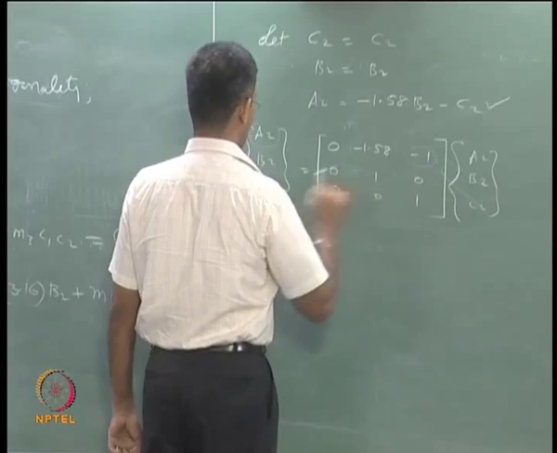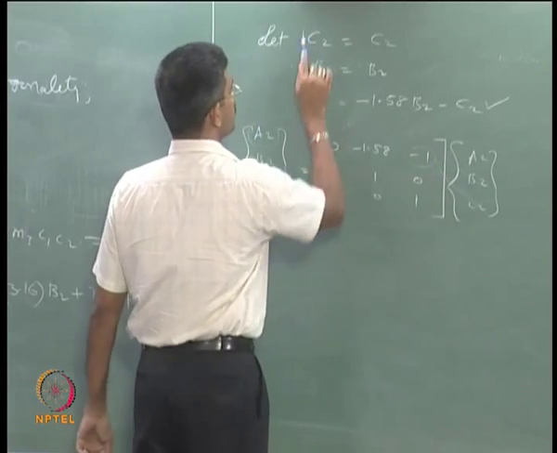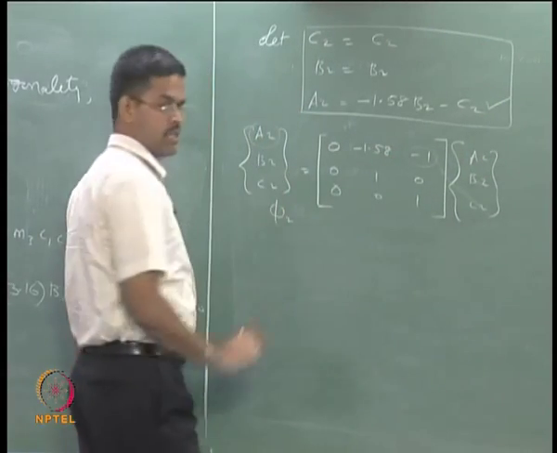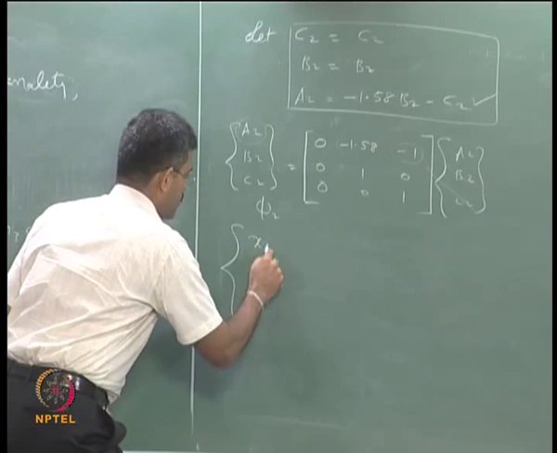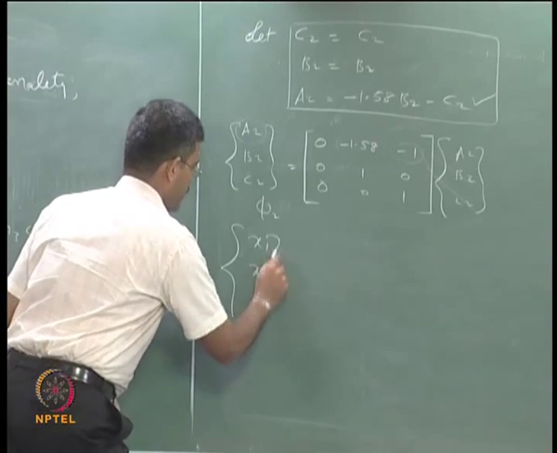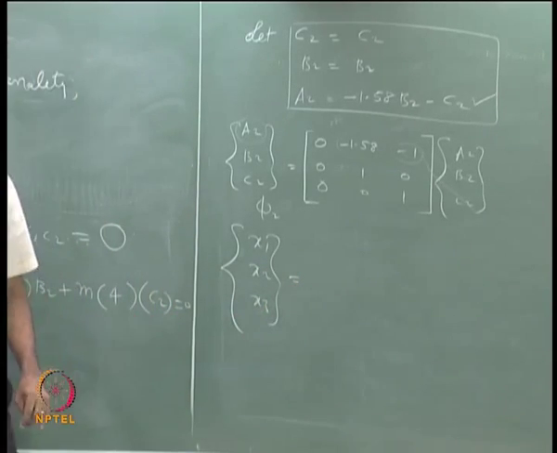B2 is nothing but B2 and C2 is nothing but C2. So all these equations are transformed in a matrix form here. So instead of calling them A2 B2 C2, let me call them again in the same format of x1 x2 x3 to get an iterative scheme.